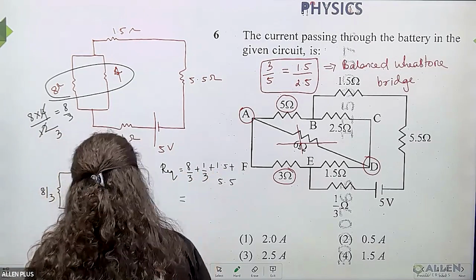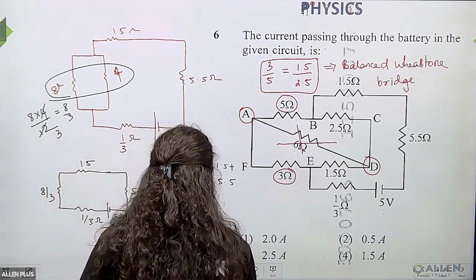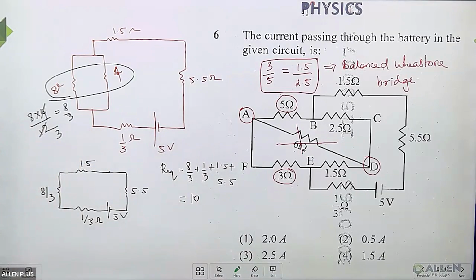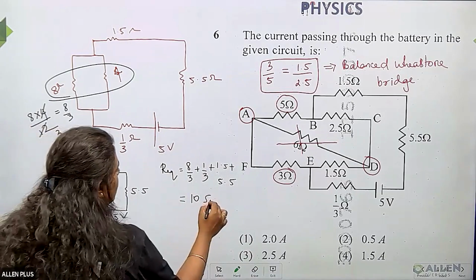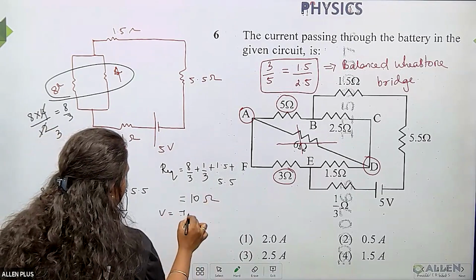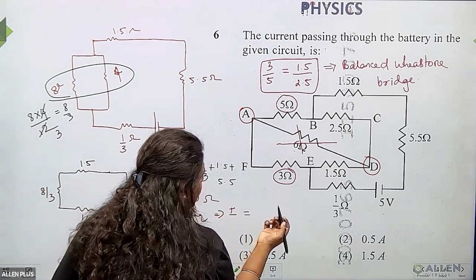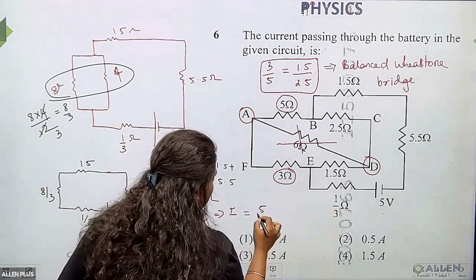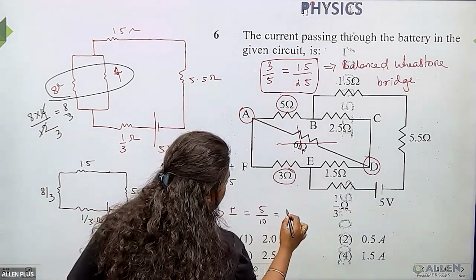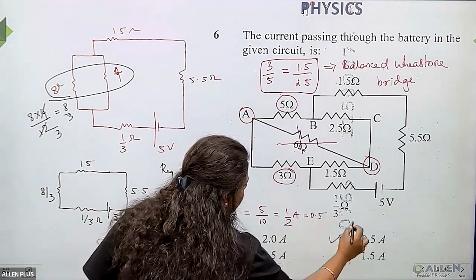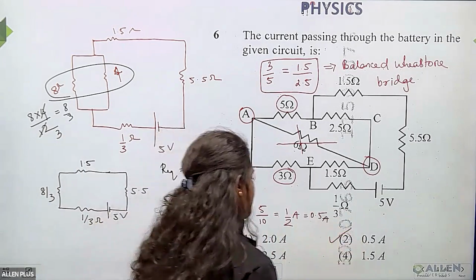This is equal to 10. So the net resistance in the circuit is 10 ohm. Now current through the circuit, V is equal to I R equivalent, or I is equal to V by R equivalent. What is the value of V? 5 divided by 10. This will give you 1 by 2 ampere, or 0.5 ampere.